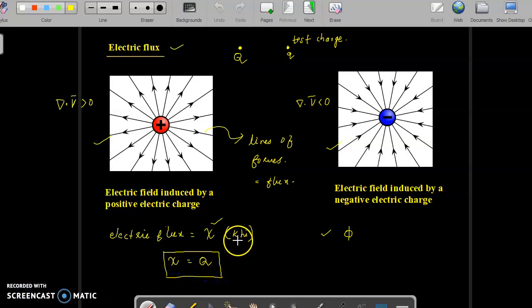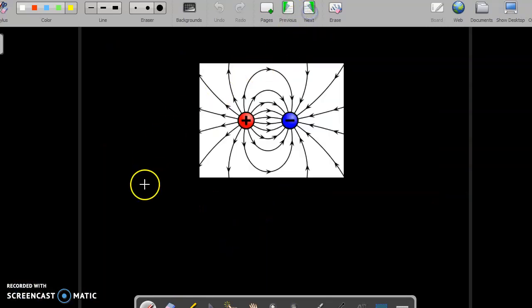Now let us move on to find what is the electric flux density D. So D is electric flux per unit area.